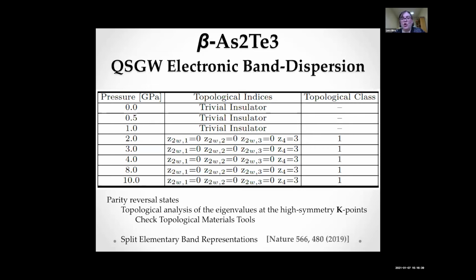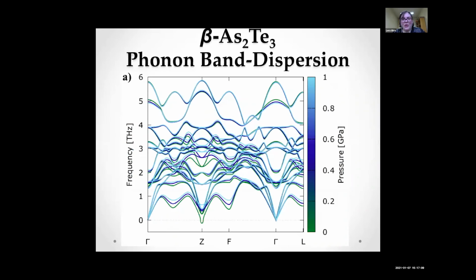And we saw that from 2 gigapascal onwards, we do have a topological insulator. However, at 2 gigapascal, it would be a topological Dirac semi-metal, which is quite interesting because that's what we were aiming for, actually.